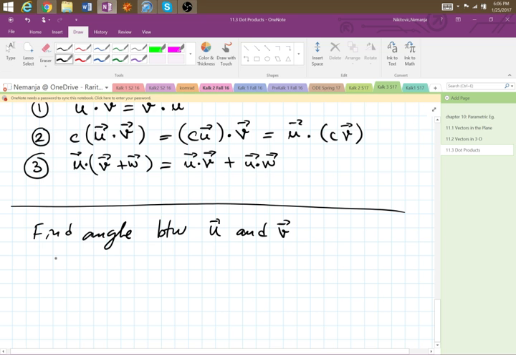So here's u, 2i minus 3k. It's a unit vector, so I'm going to put hats. And here's v, i plus 4j plus 2k. So find the angle.